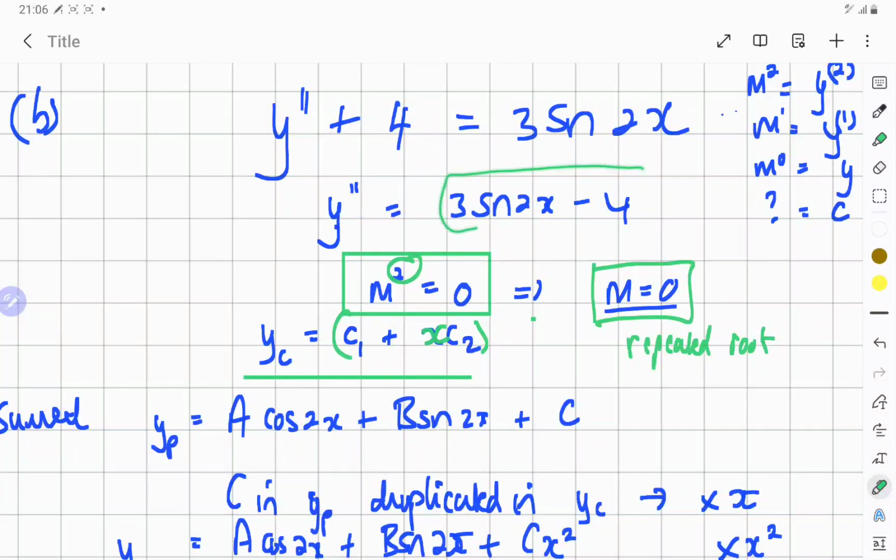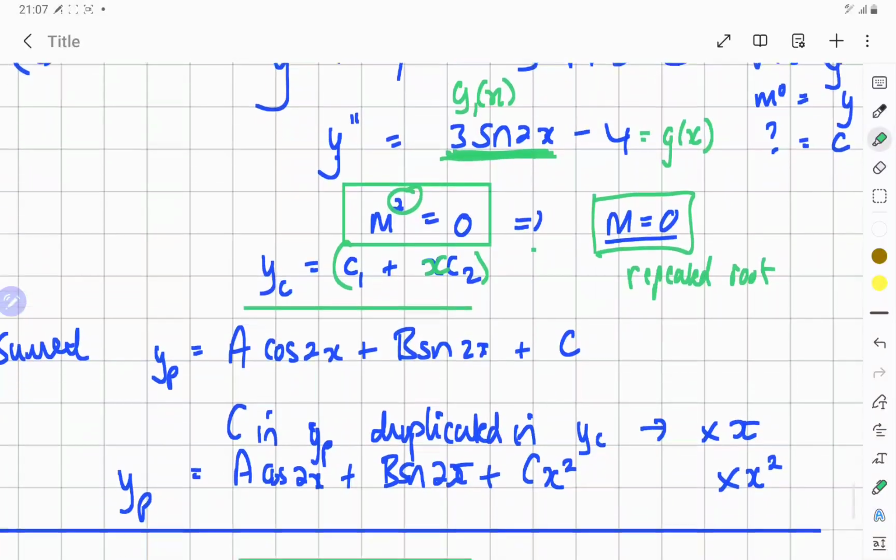Now recall, this is your g(x). Now let's look at this. This is g1(x). From the table, let's see if you can see it without looking. Since it's sine, it will be a cos 2x plus b sine 2x.